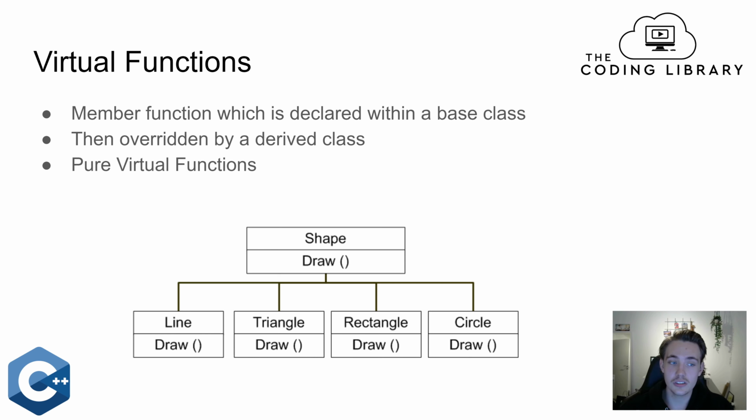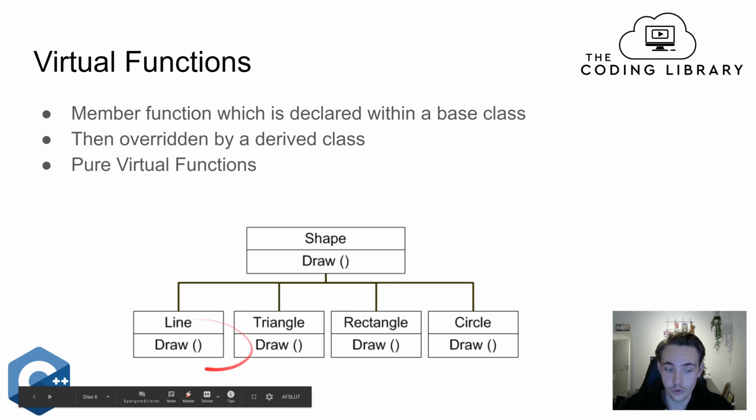So a virtual function is a member function which is declared within a base class. So let's say we have a base class here called shape, which I'm going to show you in code as well. We have this shape class which has a member function called draw, and then we can declare this draw function virtual, which means that we can override it in our derived classes.